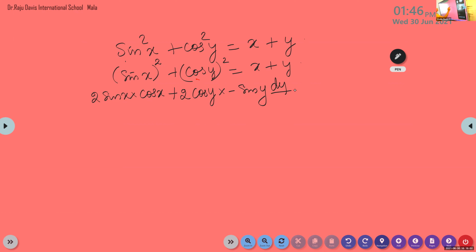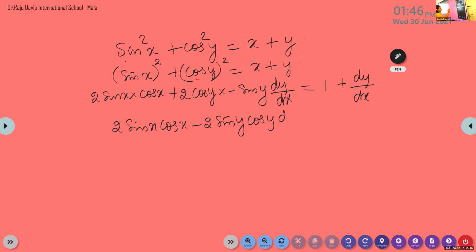Very good, that is important. Whenever we differentiate a y term, we should write dy by dx. The derivative of x is 1, plus dy by dx. So we can write this as 2 sin x cos x minus 2 sin y cos y dy by dx is equal to 1 plus dy by dx.